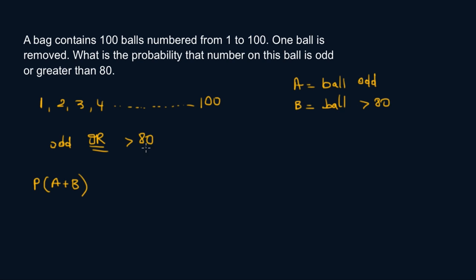So the probability of either occurring is the probability of A plus the probability of B minus the probability of, what's the formula again?